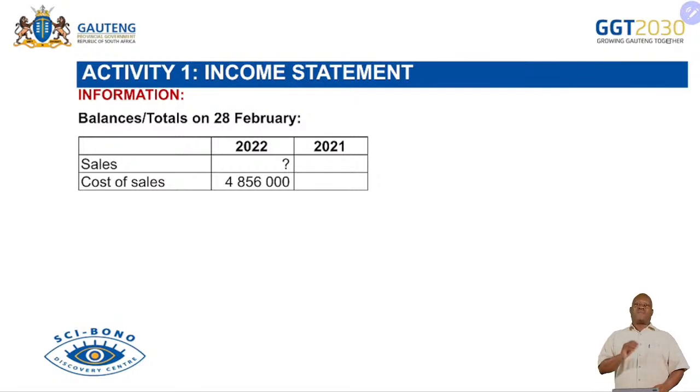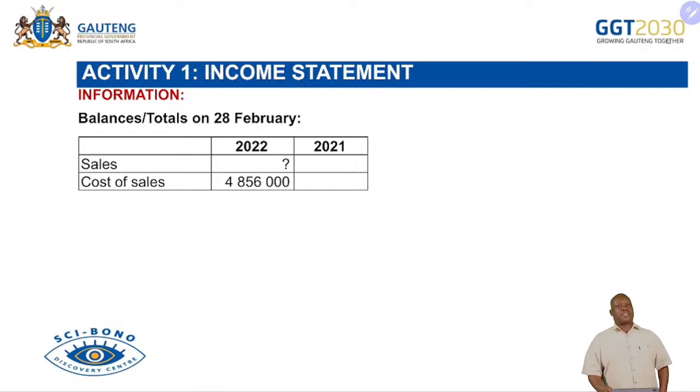Whenever you see a question mark in the accounting question paper, it simply means that figure is not given, but they are saying you are equipped enough to find it on your own. So we can find that figure without any problem. It says here, cost of sales is 4,856,000. So we are given cost of sales. We are not given the sales. We must be able to do something about it.